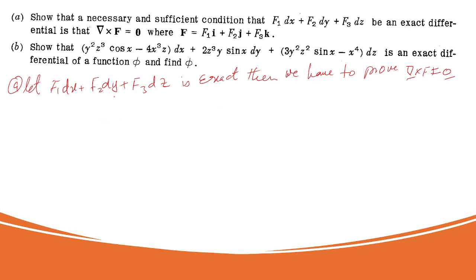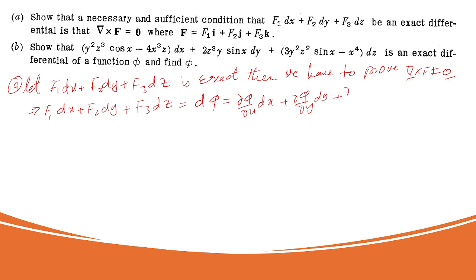If this is exact, then f1 dx plus f2 dy plus f3 dz should be equal to d phi, but we know that d phi is partial phi partial x dx plus partial phi partial y dy plus partial phi partial z dz.